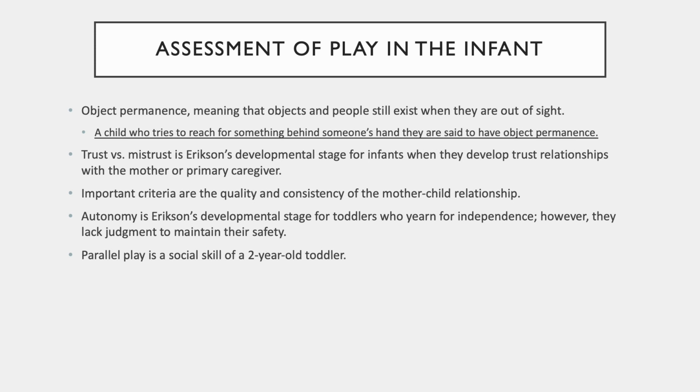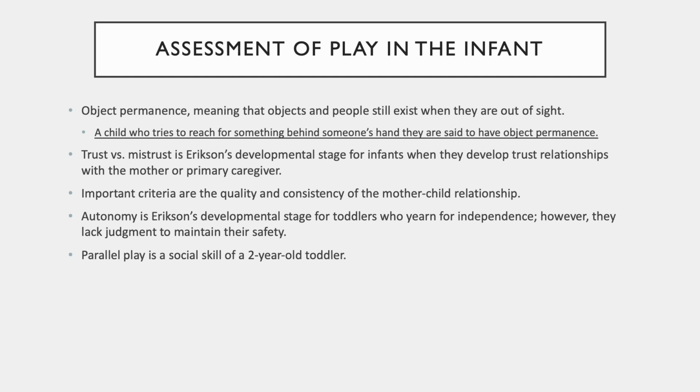If you are reaching for whatever it is that I put behind my back, you know that that object has not gone away, so you do have object permanence. Does that make sense? So please understand, if a child is trying to reach for something that I have hidden from them, they have availability of object permanence. They have the ability to understand that there's still something behind my back regardless.